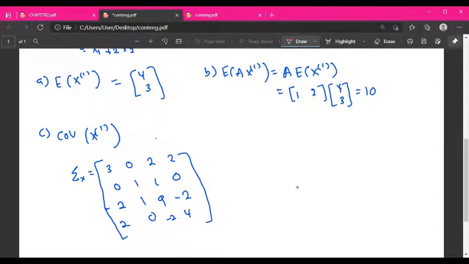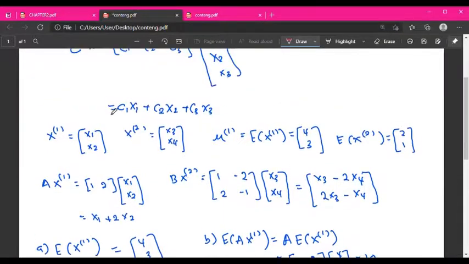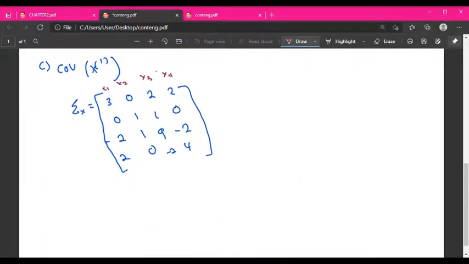Ingat tak tadi? Di sini adalah X1, di sini X2, di sini X3, di sini X4. So kita akan partitionkan sebab group yang pertama adalah X1, X2. Kan? Group yang kedua adalah X3, X4. So we partitionkan this like this.